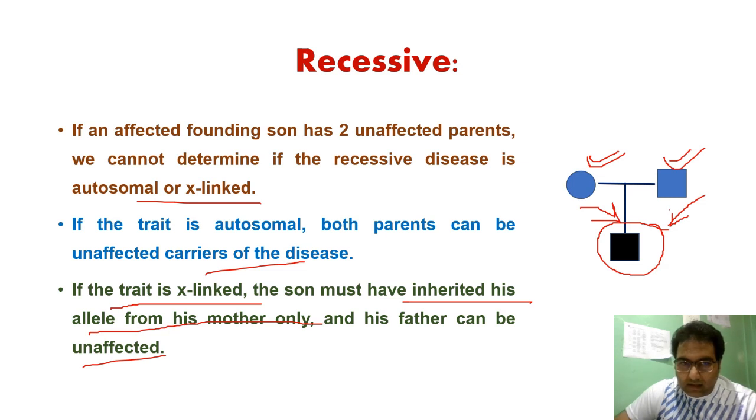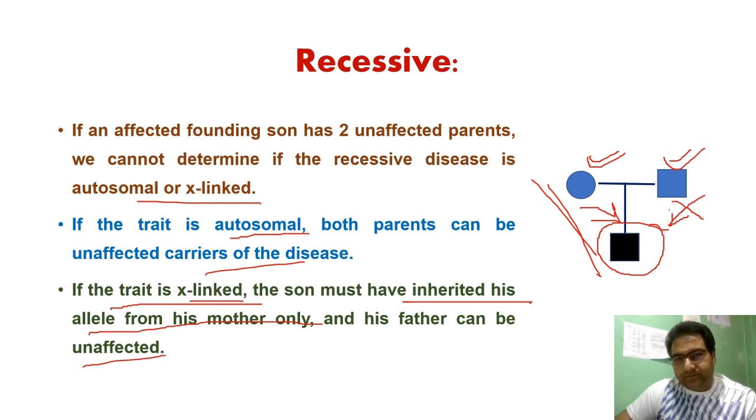So in this very case, either it is autosomal recessive, or, if the trait is X-linked, the son must have inherited his allele from the mother only, and the father can be unaffected.